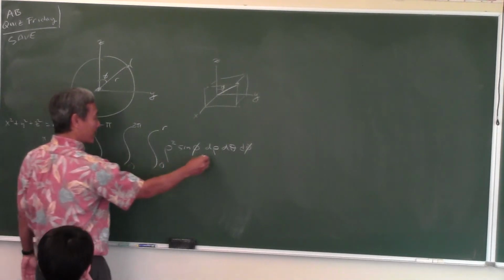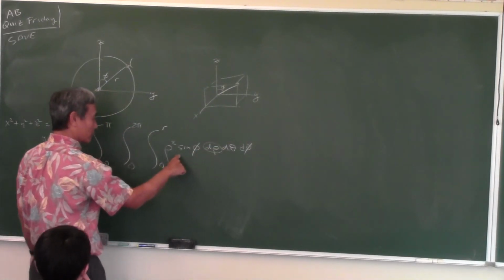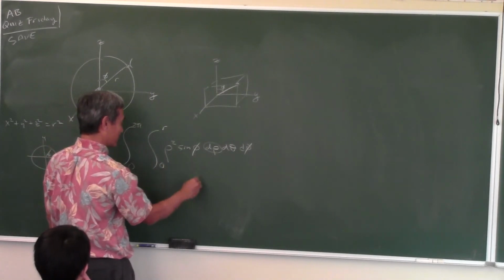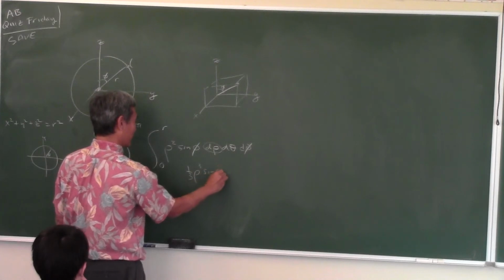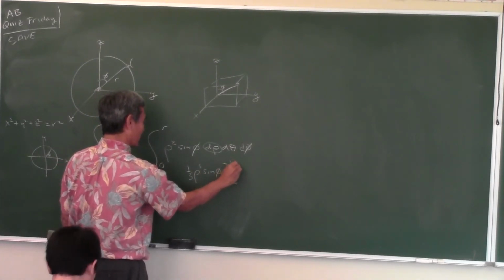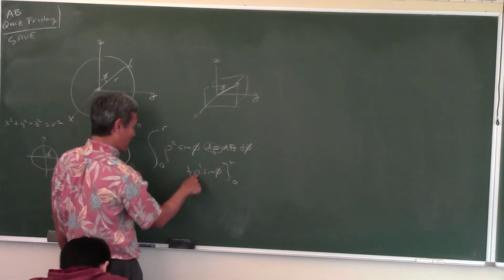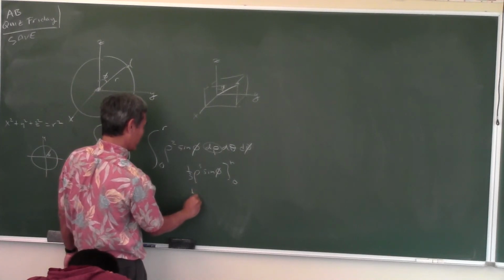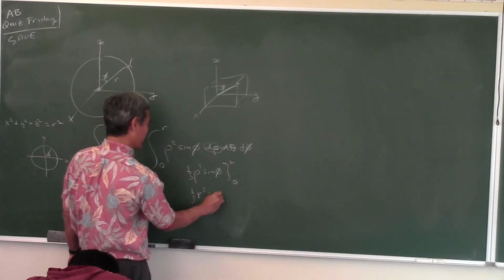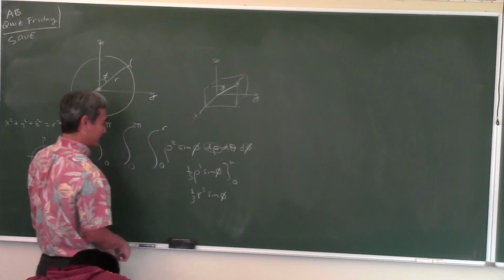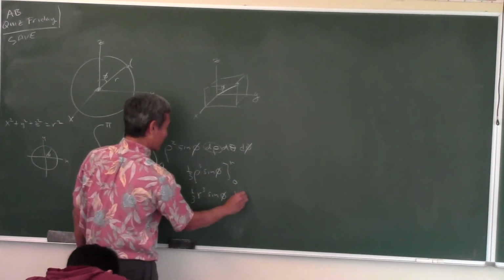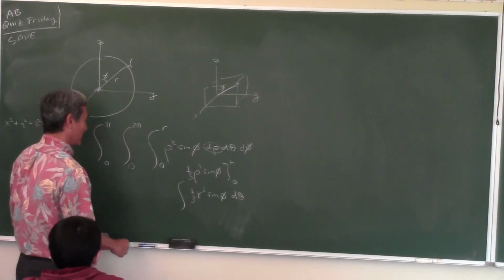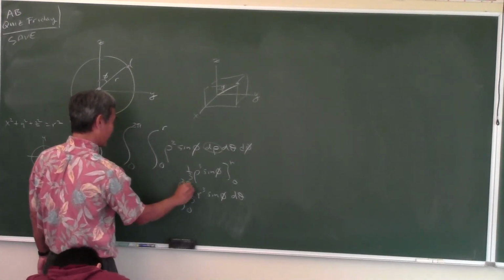Anyway, so we're going to integrate with respect to rho first. What's the antiderivative of this? 1/3 rho cubed sine phi from 0 to r. So if I plug in r for rho, you're going to get 1/3 r cubed sine phi minus 0, correct? Now you're going to integrate that with respect to theta, from 0 to 2 pi.